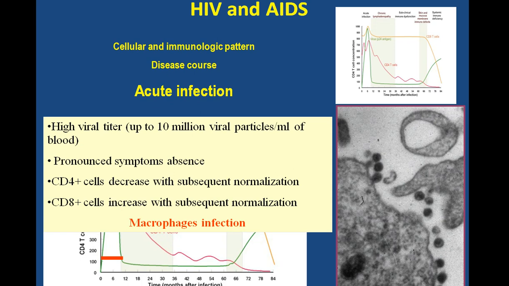So we see a high viral titer, pronounced symptom absence, CD4 cells decreased with subsequent normalization, and CD8 cells increased with subsequent normalization.